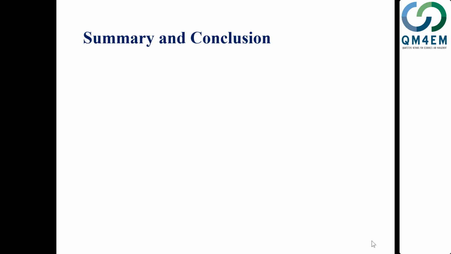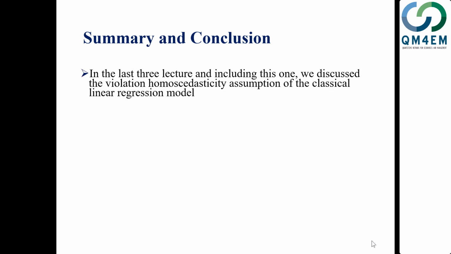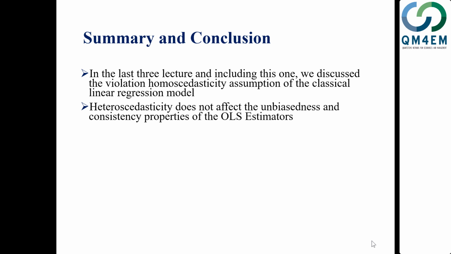Now to summarize the entire topic, the last three lectures and this fourth lecture were on the discussion of violation of the homoscedasticity assumption of the classical linear regression model. We discussed that heteroscedasticity does not affect the unbiasedness or consistency of the OLS estimators.